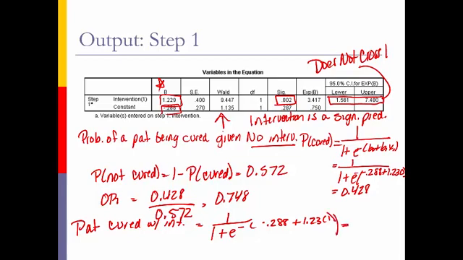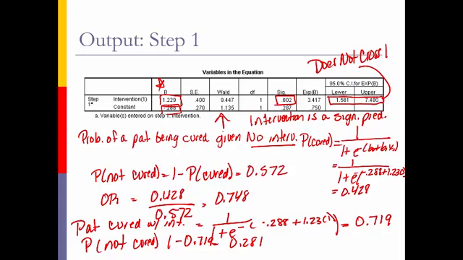So we go ahead and calculate that. That is 0.719. So the probability of being not cured is simply 1 minus that value, 1 minus 0.719, or 0.281.